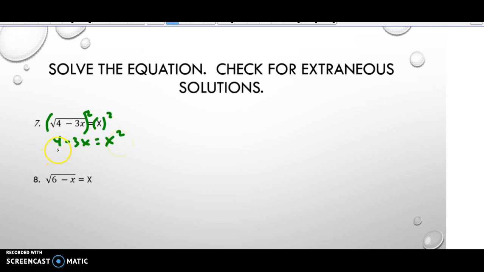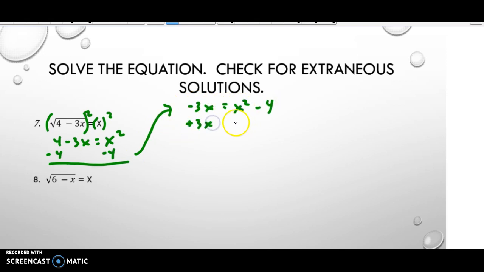So I'm going to subtract 4 from both sides. And I'm going to add 3x to both sides. I'm going to do this so that I can factor this now and find my solutions.